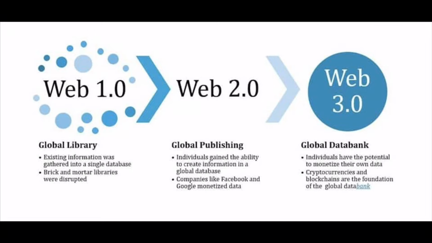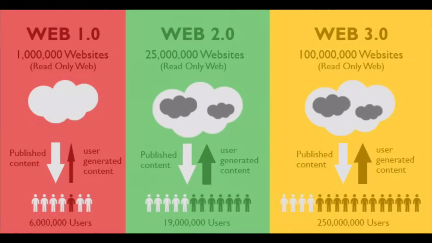And then Web3 is the next phase, what is coming and what we are currently living, which is digital assets, digital currencies or digital art. Those are the different phases, and those are the differences between the three.